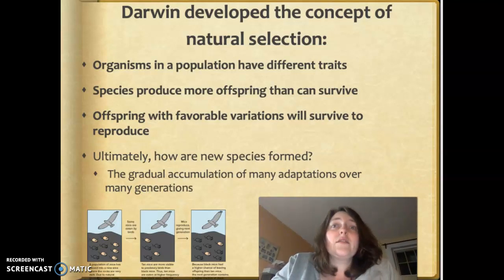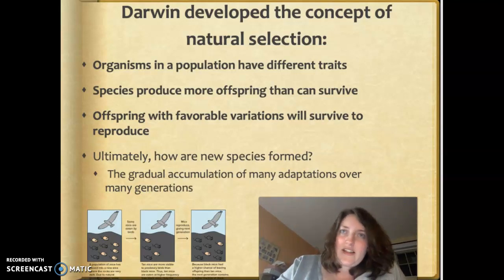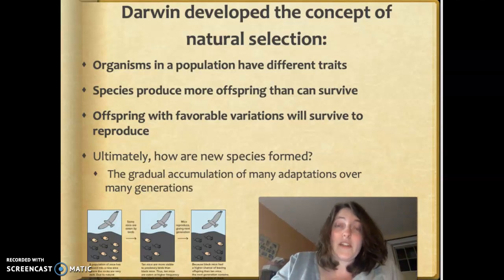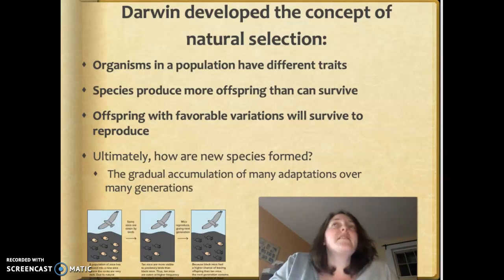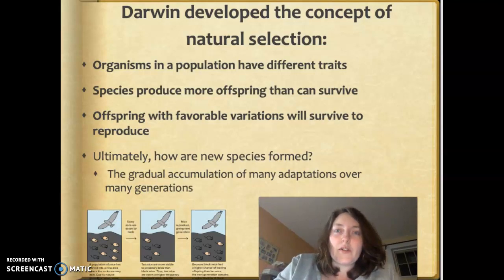In the wild, they're going to be competing for food, and they're going to be competing for safety, because often enough, rabbits make more kids than they can take care of or that can take care of themselves. So some are going to die. Now, maybe the ones that blend in, are better at finding food, or are faster, or can hear better, are going to survive. The others will not. The ones that survive are going to have kids.